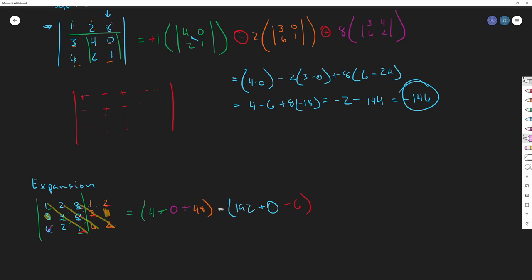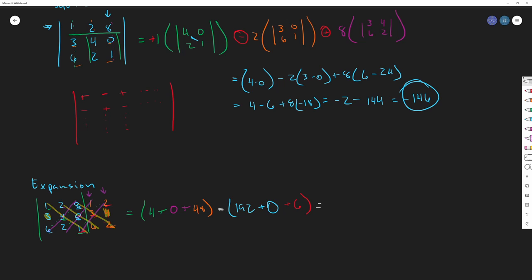And then we subtract it by the other set of diagonals that are added together. And this is what I mean by expansion, because you're expanding the matrix to be a non-square. And then we just add them all together and subtract it.